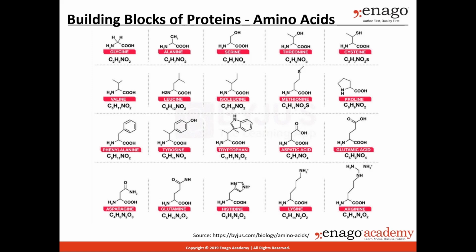It's these amino acids that serve as the building blocks of polypeptides, and polypeptides serve as the building blocks of proteins. As you can see here, there are 20 types of amino acids commonly found in proteins. Amino acids share a basic structure which consists of a central carbon, also known as the alpha carbon, bonded to an amino group, NH2, a carboxyl group, COOH, and a hydrogen atom.